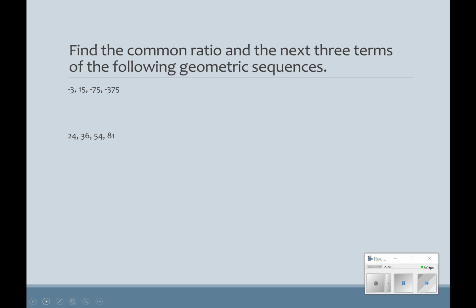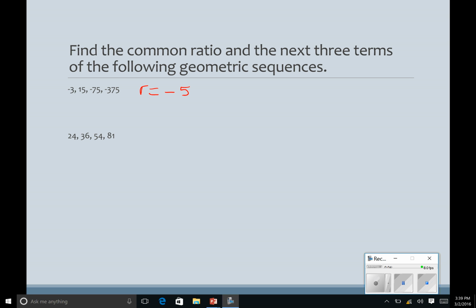So let's find the common ratio and then find the next 3 terms of the following geometric sequences. So 15 divided by -3 is -5. So I think that my common ratio is -5.